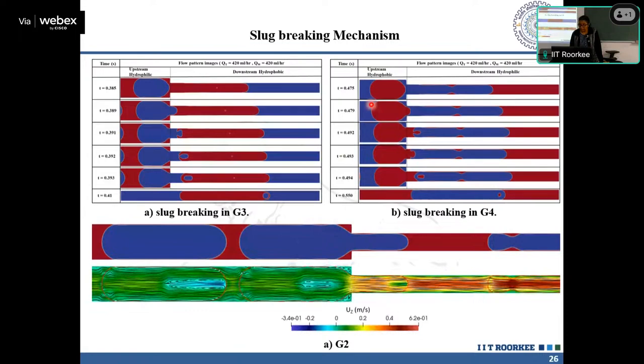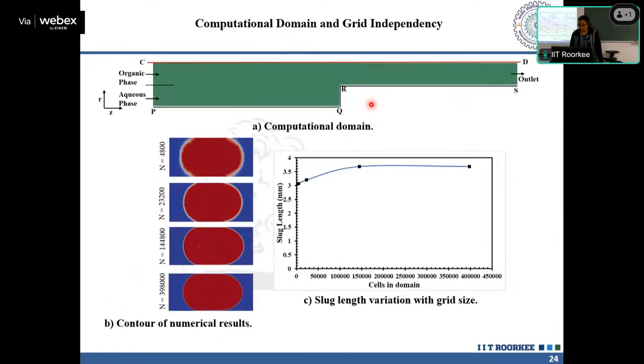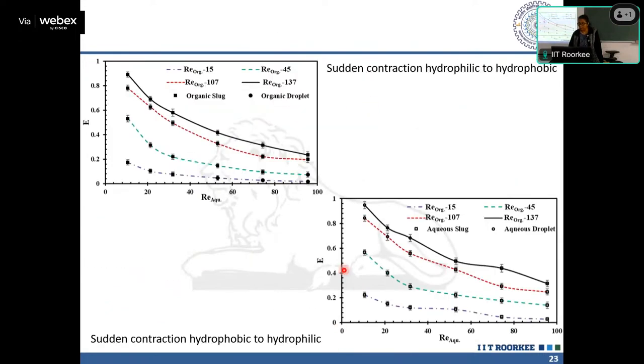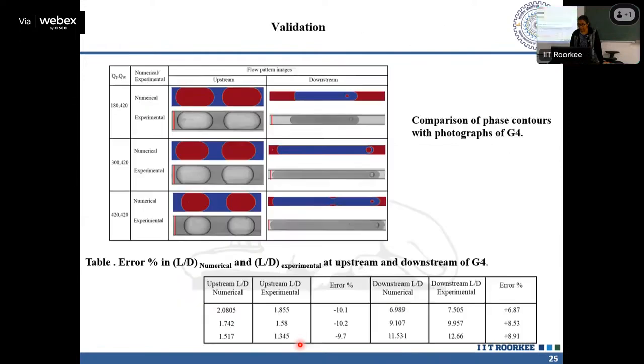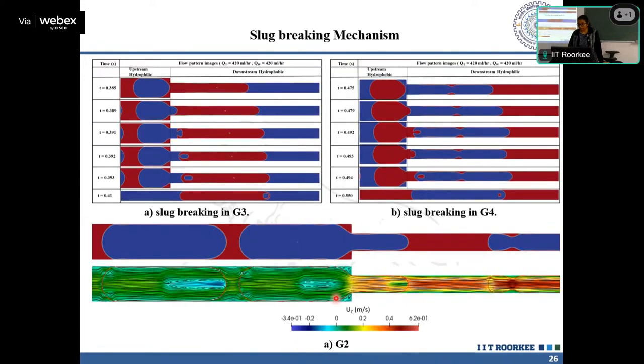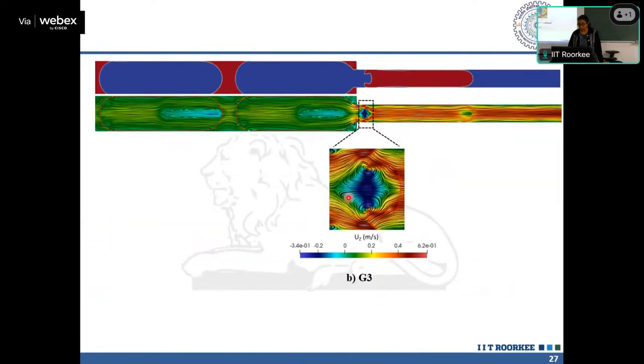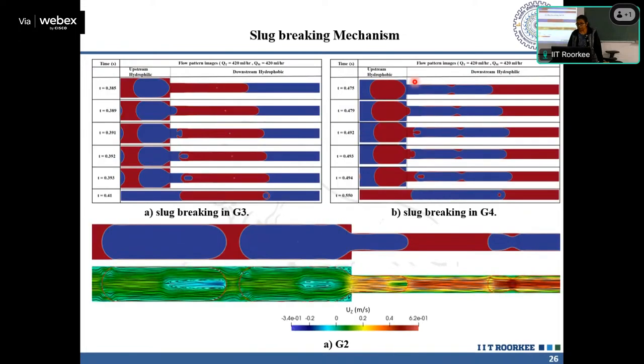Also, the reason we are getting so much higher efficiency from hydrophobic to hydrophilic is not only the presence of this circulation, but also the presence of this disturbance wave, which is unique to a low viscous dispersed slug and is further enhanced by this.